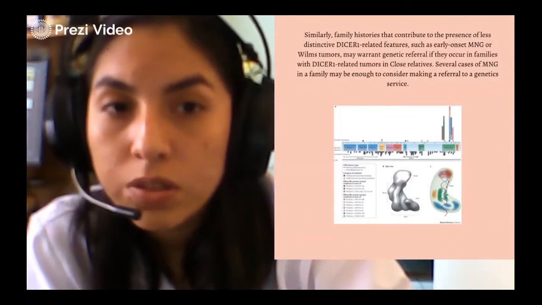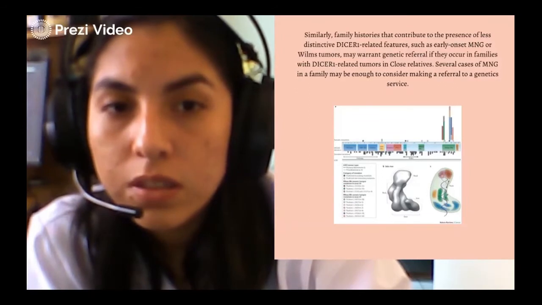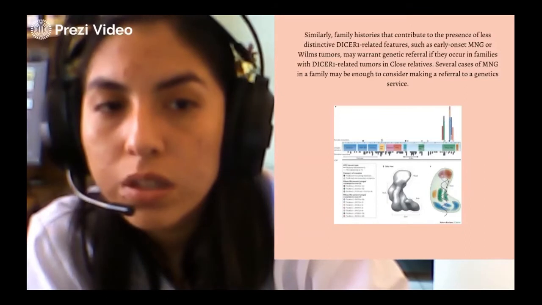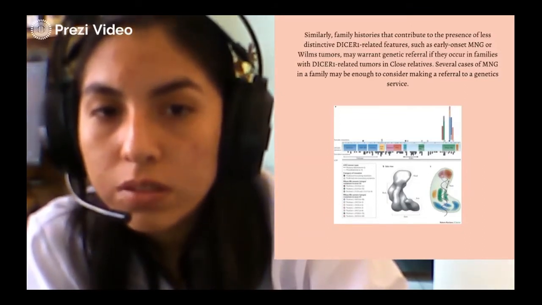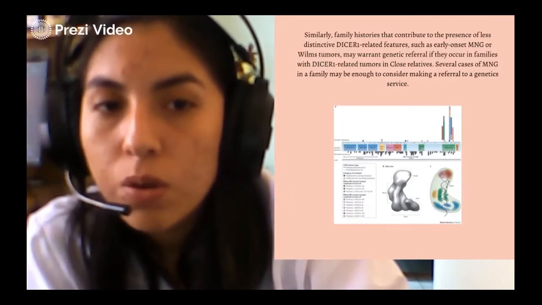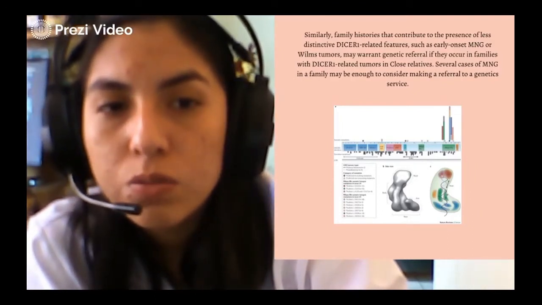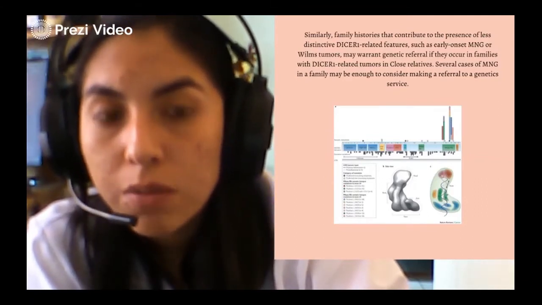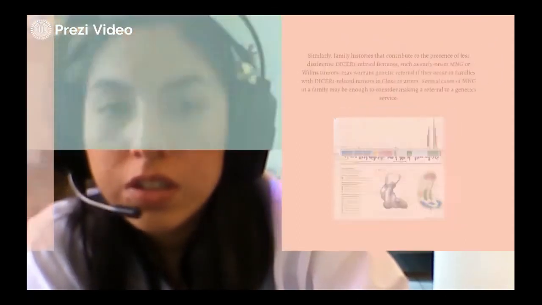Similarly, family histories that contribute to the presence of less distinctive DICER1-related features, such as early onset MNG or Wilms tumors, may warrant genetic referral if they occur in families with DICER1-related tumors in close relatives. Several cases of MNG in a family may be enough to consider making a referral to genetic service.